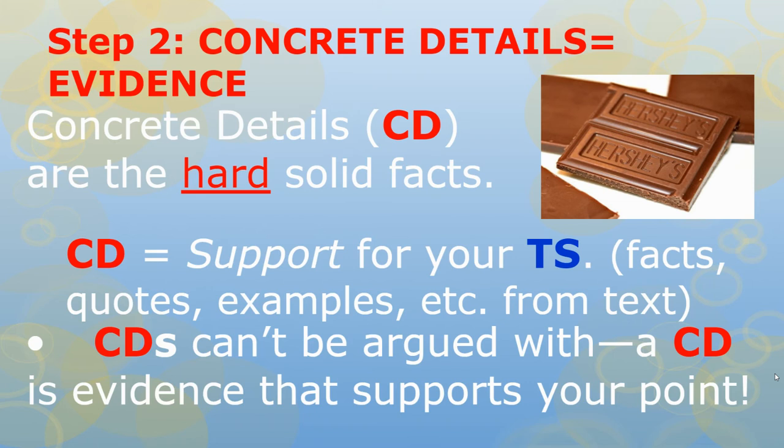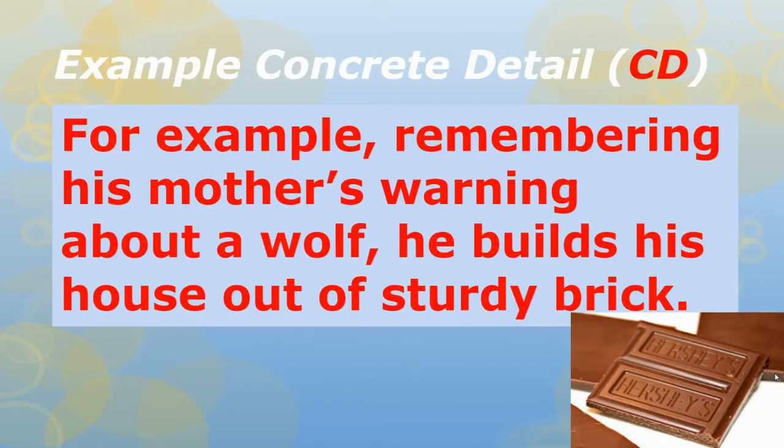So that can be facts, it can be quotes, it can be examples, anything from your text, anything from an expert, whatever is going to support your claim. And the best concrete details are things that can't be argued with. It supports your point, it's clear evidence, it is what it is.